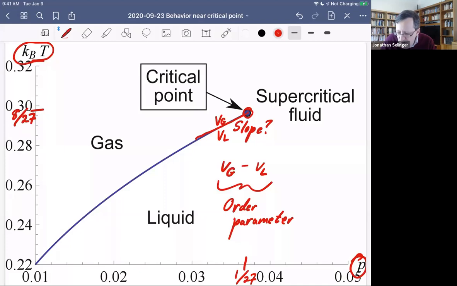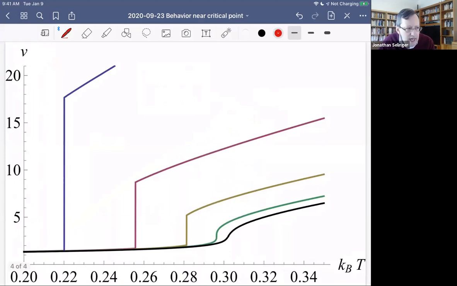So what can we say about that difference? Well, without calculating anything, we can just look at a plot like this. This is the plot of volume versus temperature at different pressures. On this plot, we see that the green curve is right at the critical pressure. So the critical point is right there, that red point.